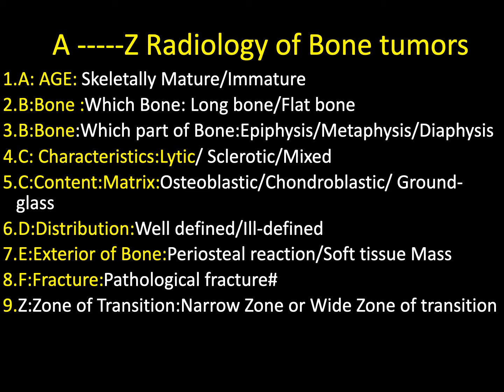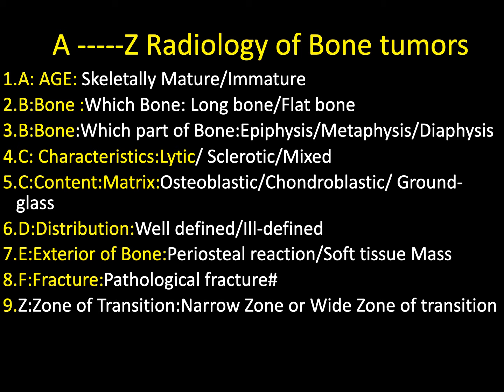C is also for content, the matrix, so what is included in the tumor: osteoblastic matrix, chondroblastic matrix, or ground glass type of content. D is for distribution, whether the tumor is well defined or ill defined. E is for exterior of the bone, so that includes periosteal reaction and soft tissue mass.